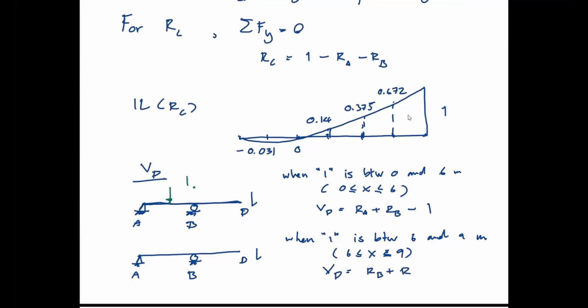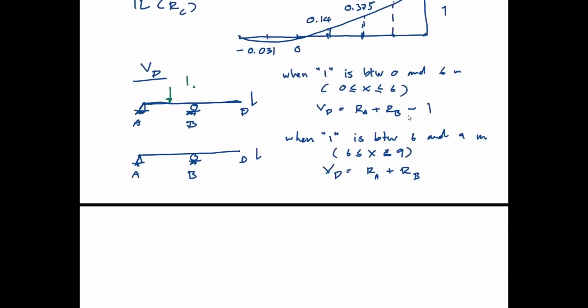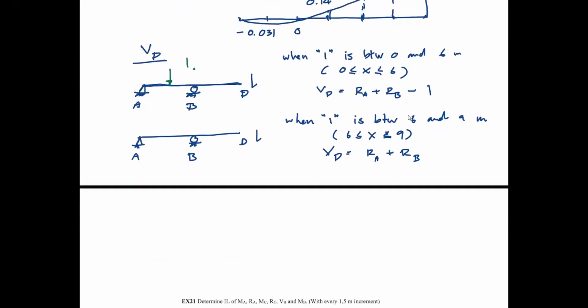Oops, sorry, I said A, but I wrote B. You like that? RA plus RB. Okay? So from here, we have our influence line. Okay? Oops, I'm out of space.